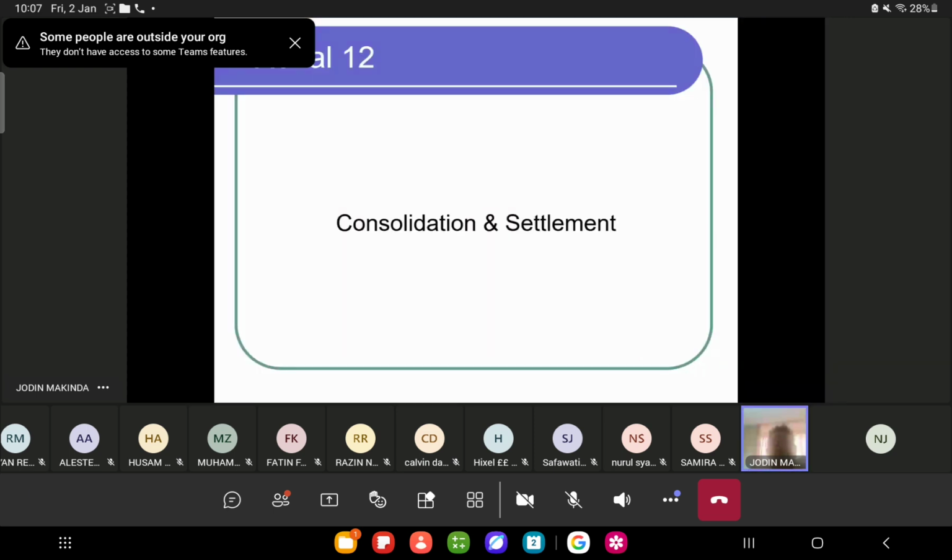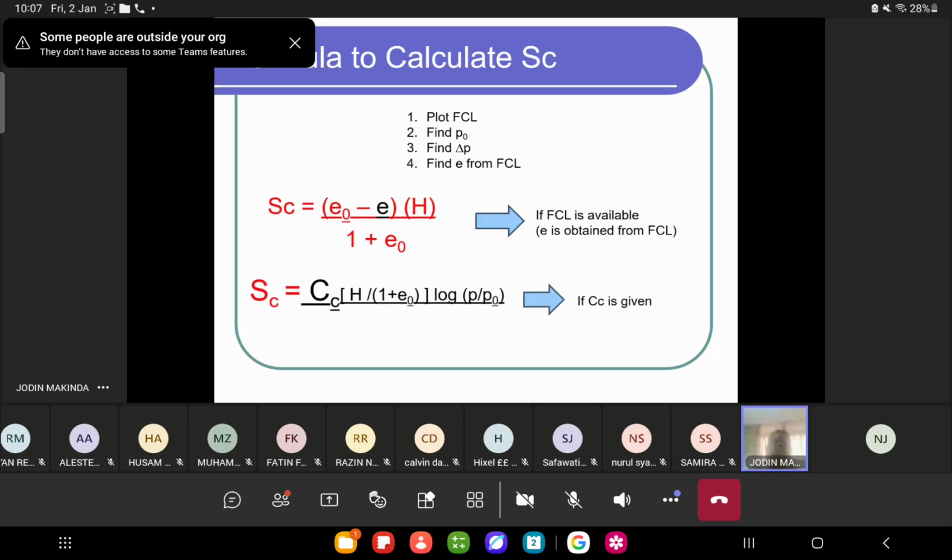Okay. Consolidation and settlement. Some of the summary from the lecture, when it comes to consolidation and settlement: you have to plot the consolidation graph in part 1.